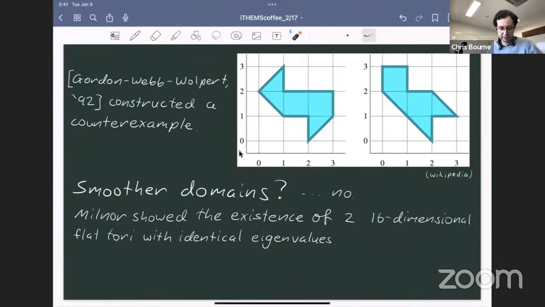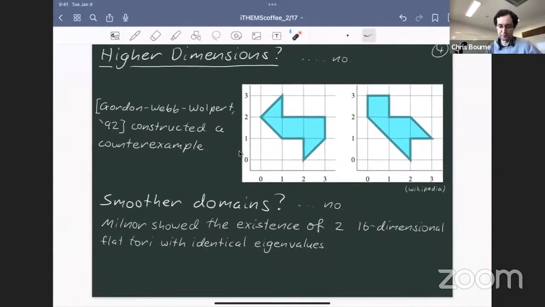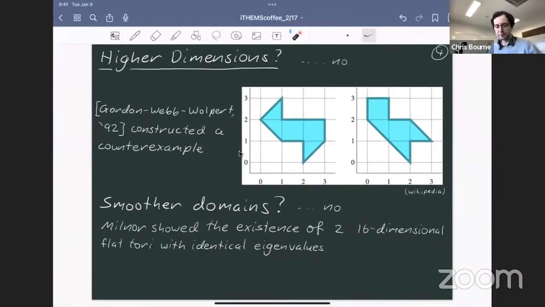Back in the 60s, Milnor showed the existence of two 16-dimensional flat tori, which are geometrically distinct, but which have identical eigenvalues for the Laplacian. So even if we consider smooth type domains, at least in higher dimensions, we know that this doesn't work.